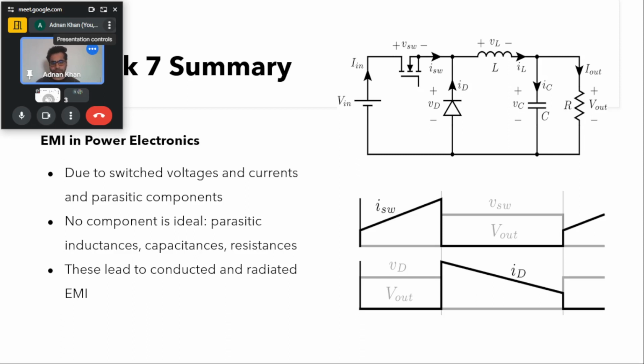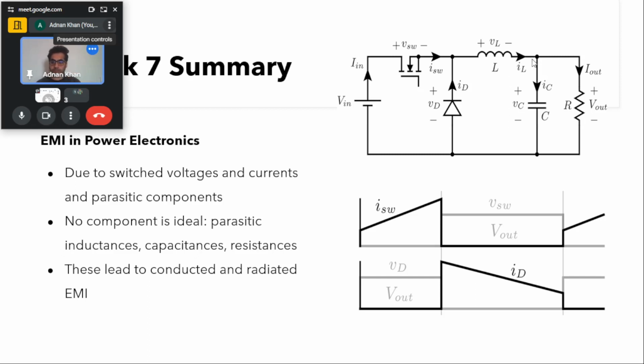This parallel parasitic capacitance across the inductor may then resonate with some parasitic inductance, and there will also be some parasitic capacitive current flowing through that capacitor.